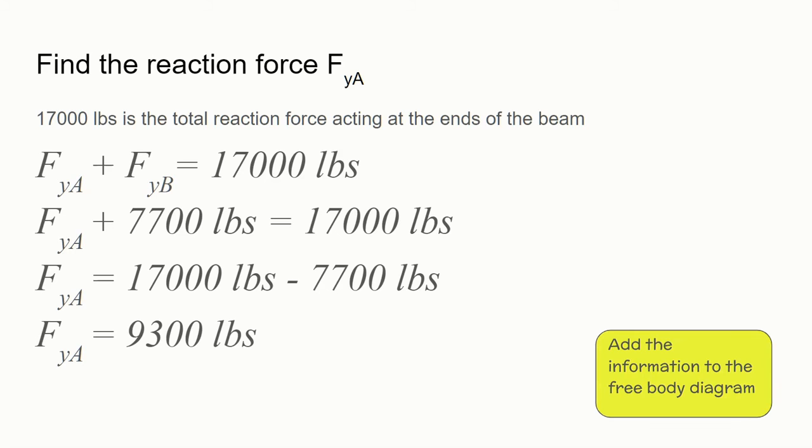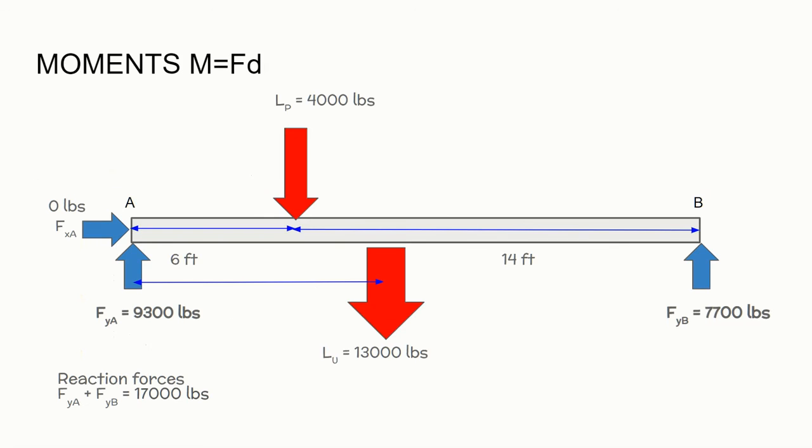So to find that, we're going to say FYA plus FYB equals 17,000 pounds. We're replacing FYB with 7,700 pounds and then solving for FYA. So FYA is 17,000 pounds minus 7,700 pounds, so we get 9,300 pounds. Go update your diagram right here.